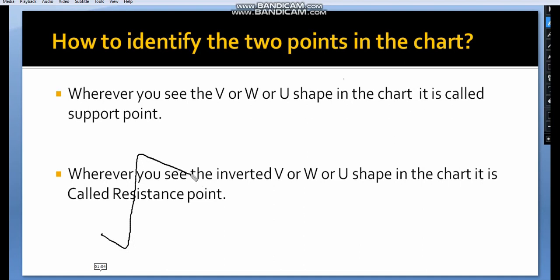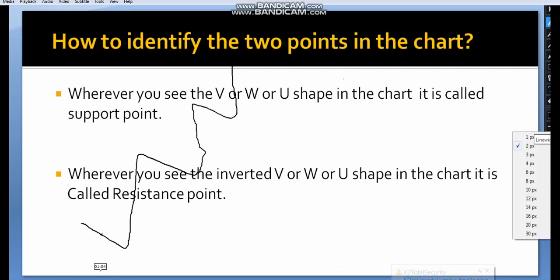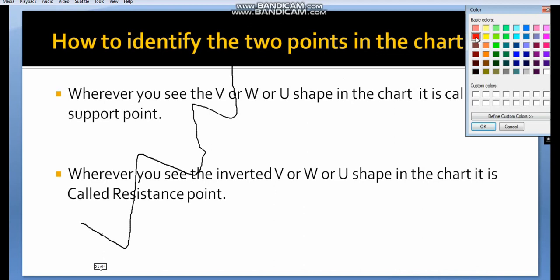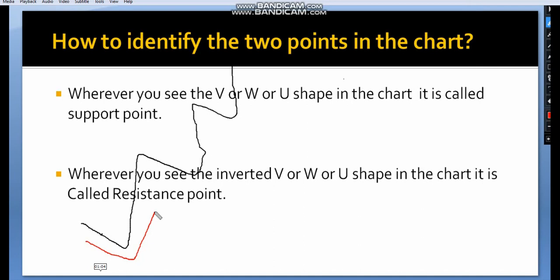Here we have seen V. This is called 1 V. Here also there is a V. So these all are called V shape. These all are support. These all are called support 1, 2 and 3.